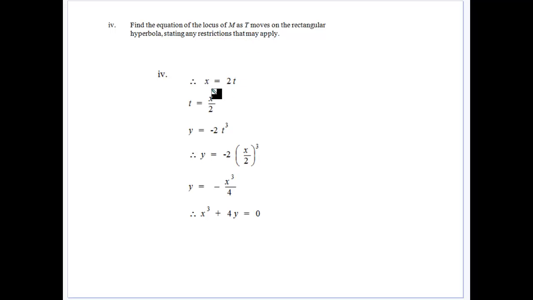So the midpoint, we've got x is 2t, so we could write t as x on 2, and the y value was minus 2t cubed, so substitute the x on 2 in, gives us a cubic curve there, x cubed plus 4y equals 0. So that's what the locus of M will look like as t moves on the hyperbola.